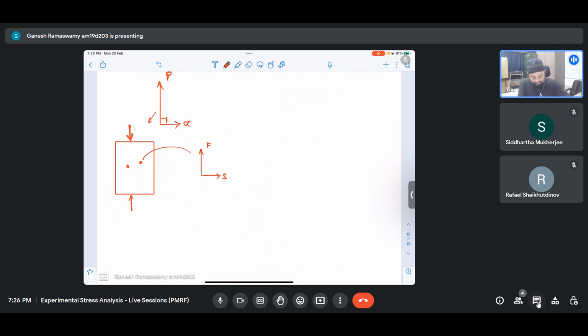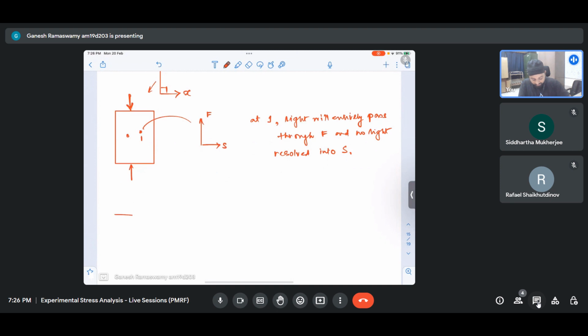So what will happen at point 1? At 1, light will entirely pass through F and no light is resolved into S. This is by virtue of F being perpendicular to the incident light. Now I have my analyzer here. This is X, and let me draw my analyzer in purple color.